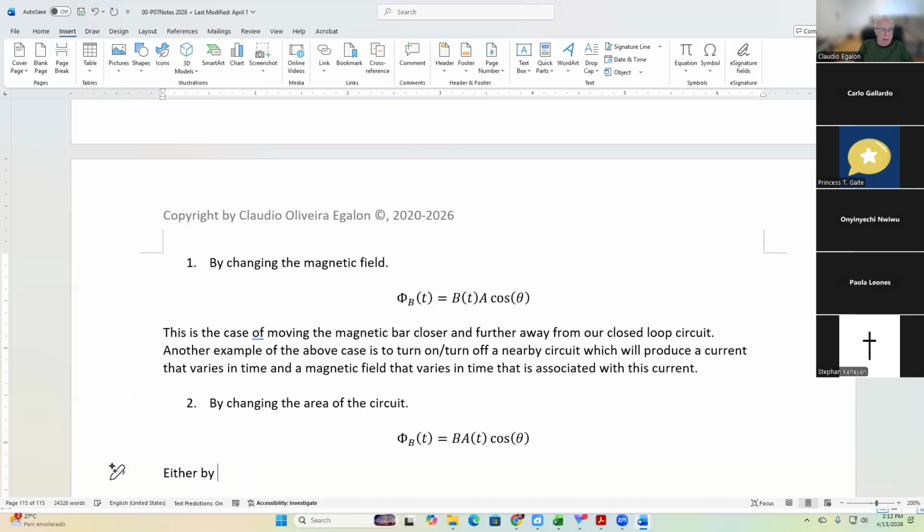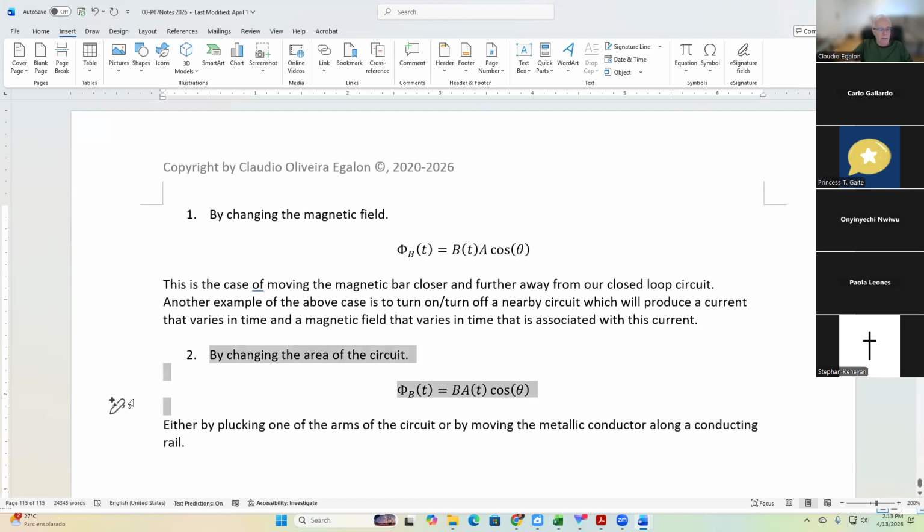Either by plucking one of the arms of the circuit, or by moving the metallic conductor along a conducting rail.